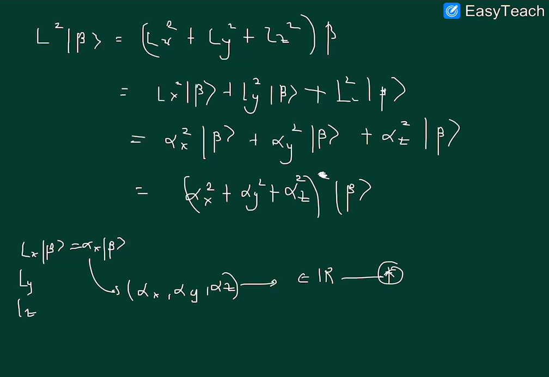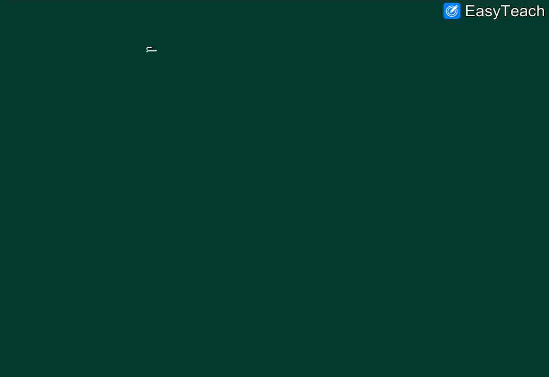Okay, now what I have on the right hand side is alpha x square plus alpha y square plus alpha z square beta. So these are some real numbers. All right, so the sum of three real numbers would be nothing but a real number.